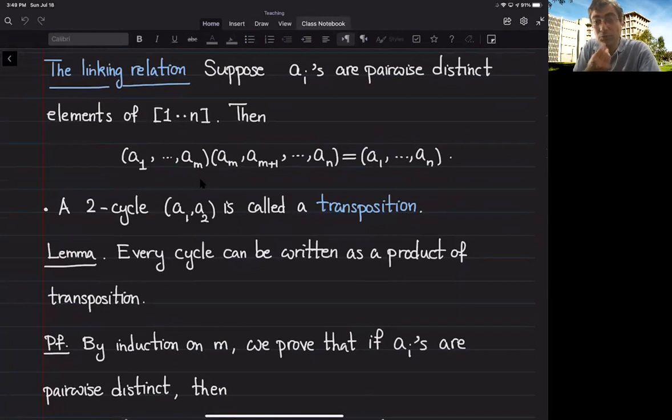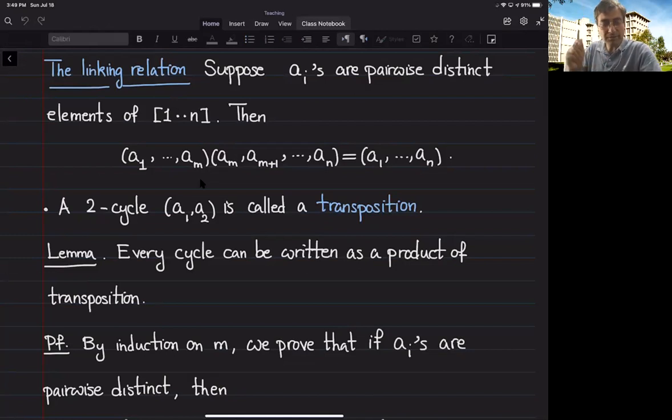Now, if I give you two cycles that have only one element in common, then the linking relation is going to help us find the cycle decomposition of their product. In fact, their product ends up being a single long cycle. What single long cycle are we talking about?